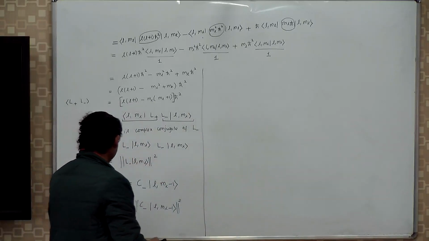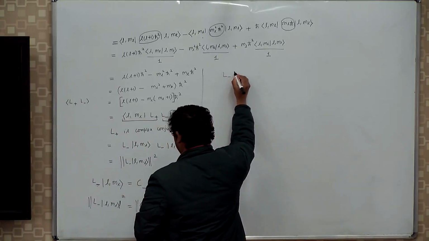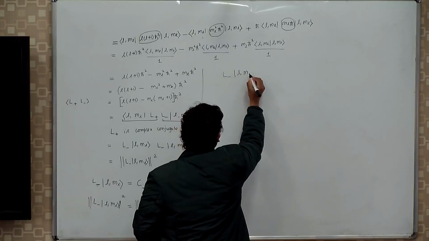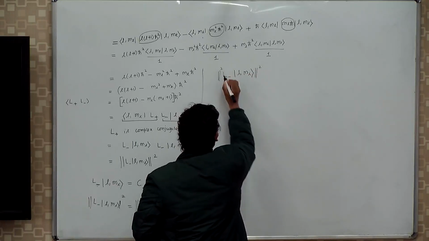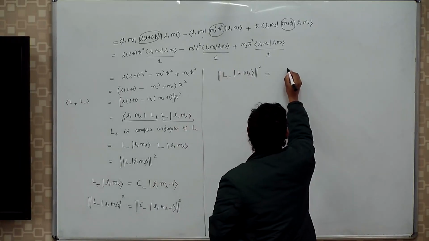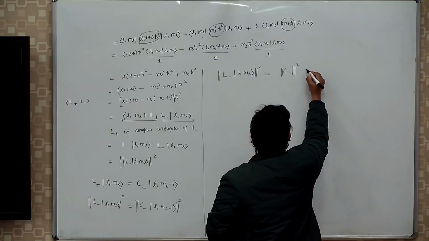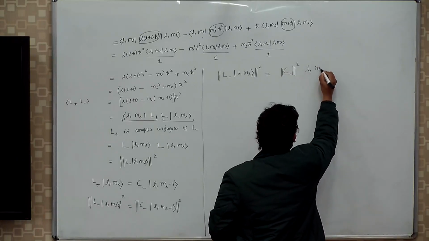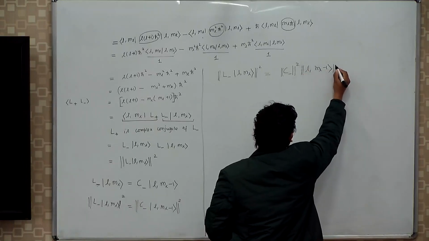Further, this last expression can be written as L minus L comma m L is nothing but C minus determinant square, L comma m L minus 1 determinant square.